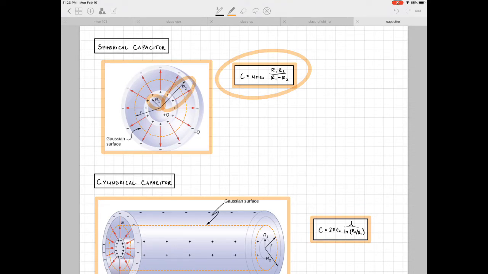Again, you can see the R1 and R2 in the top, so that's essentially taking into account the surface area of the capacitor, and then also this R1 minus R2, which is taking into account the separation. And again, it's a slightly different expression than the parallel plate because the geometry is slightly different.